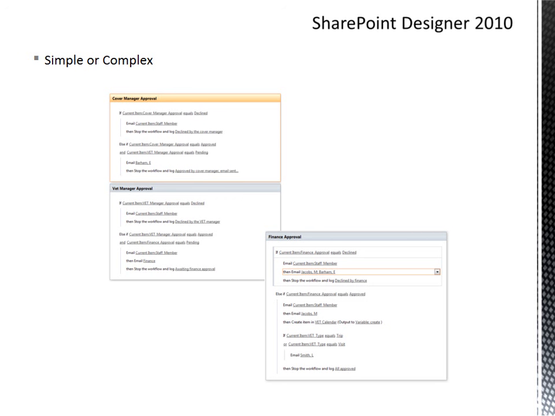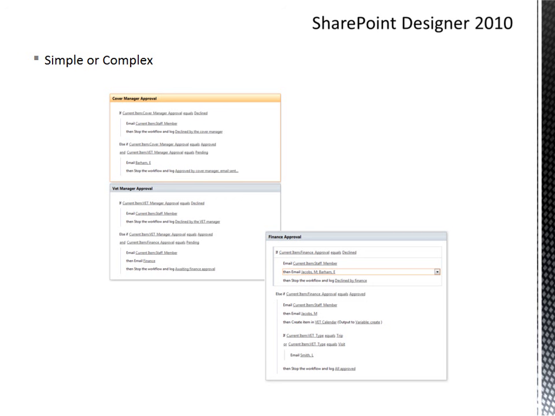Everything is based on how it changes. So in SharePoint Designer 2010 you can tell the workflow whether it's going to start when a new item is added or start when an item is changed. In this case, it starts when one is changed, so it actually goes through, and if something's approved, it looks at the next step and carries out the rest of the workflow.